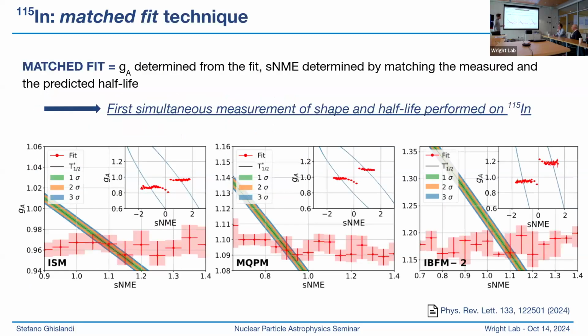It could also be negative, so more far from the CVC value, but it's always positive, so it's close to the CVC value, and this is useful to at least understand which part of the space to take. We have also compared the small non-nucleonic element computed with the CVC assumption, and the result is that they are not identical, but they are not so far. So probably the effect on GV is little, but it can have a great impact in explaining at least the half-life. But yeah, I agree with you.